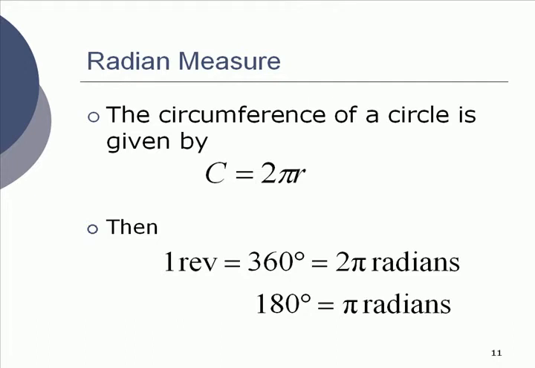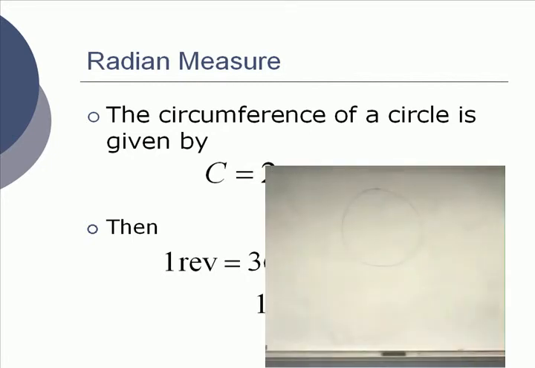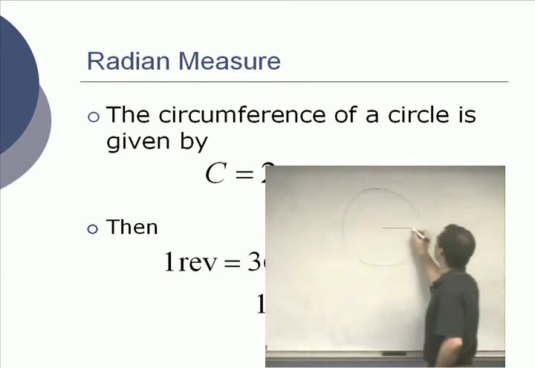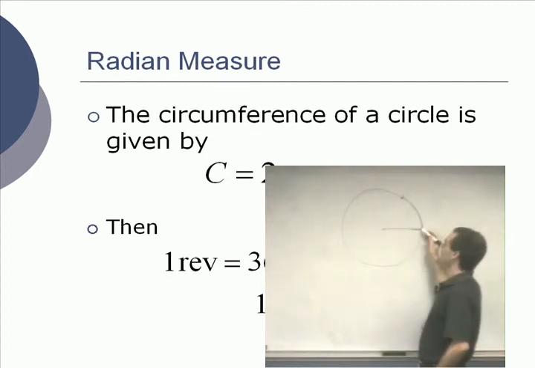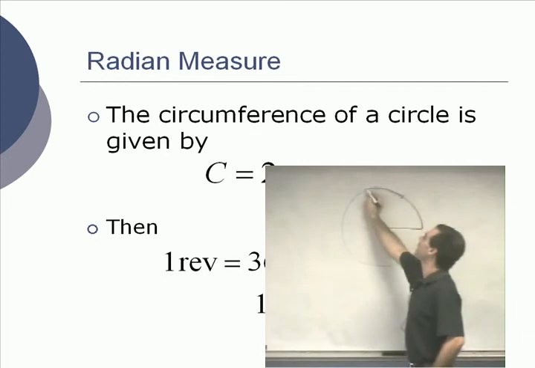And 360 degrees, the distance around a complete circle, is 2 pi radians. A radian is an angle, but a radius is a length. But if we take a radius and start wrapping it around, since it takes 2 pi times the radius to find the circumference, it takes 2 pi radians to get around the outside edge.